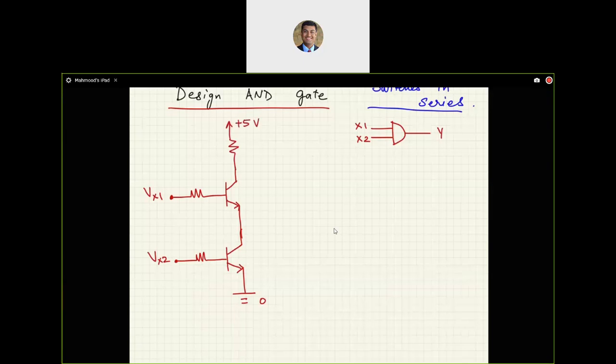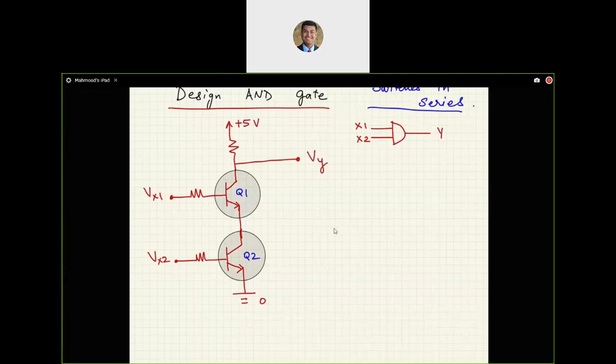So now I have Q1, Q2 as two transistors, and I am monitoring the output at the combination of both of them in series. So that's my VY.